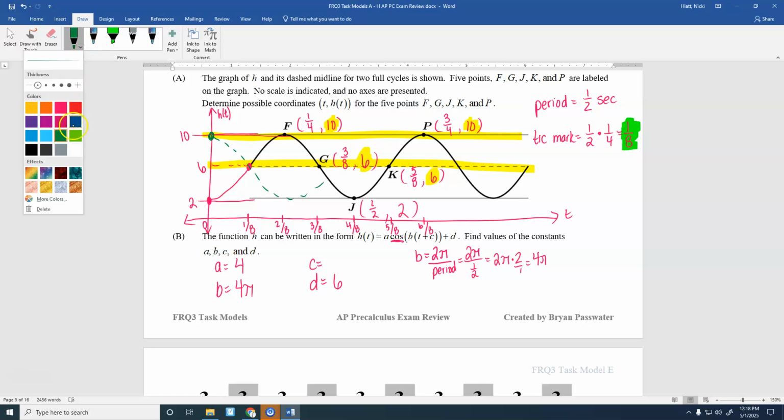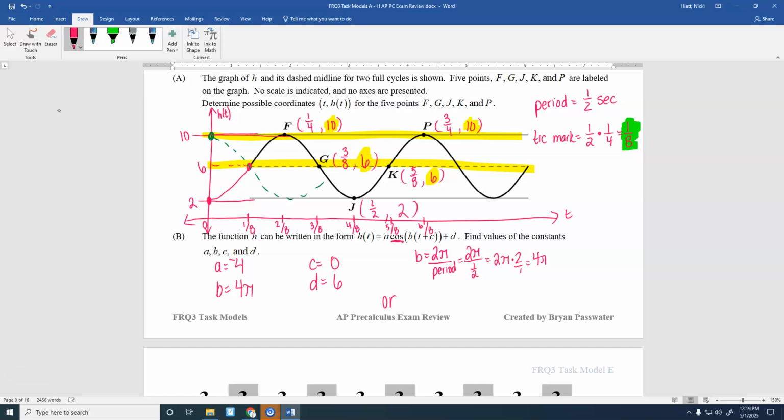So I could put C as 0. I'm not going to shift it left or right at all. And make A negative. That is what I would do because I think shifting is the most difficult part. If you put a negative A, it flips this maximum and makes it a minimum point, and then you have the answer.